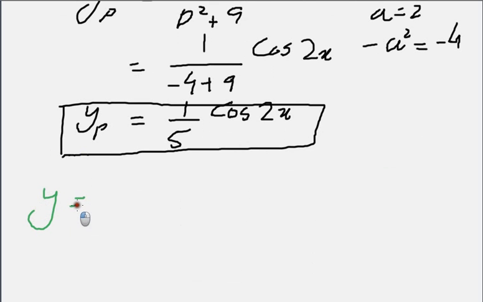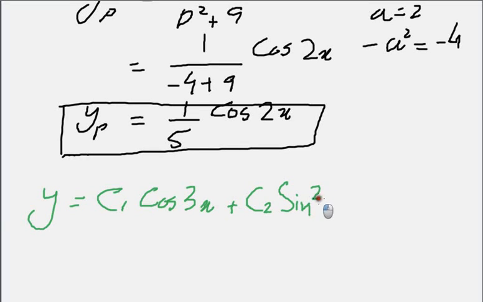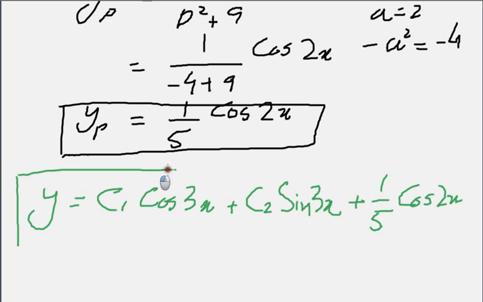Y equals to c1 cos 3x plus c2 sine 3x. Our yp is plus 1 over 5 cos 2x. So this is our general solution to our equation.